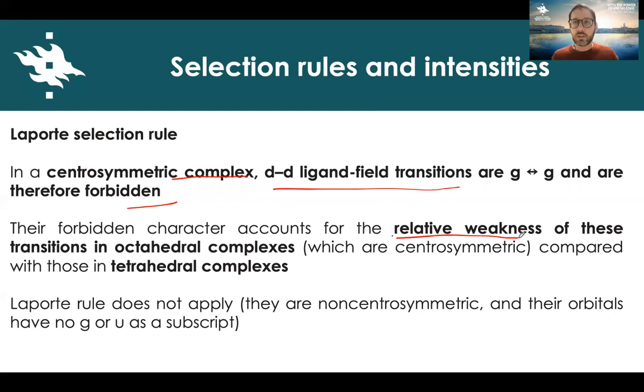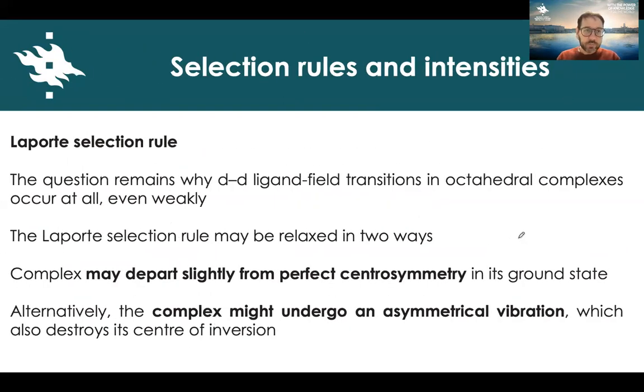This is because a tetrahedral complex is not centrosymmetric, therefore this selection rule does not apply. So why can we still have d-d transitions in octahedral complexes if they are forbidden?